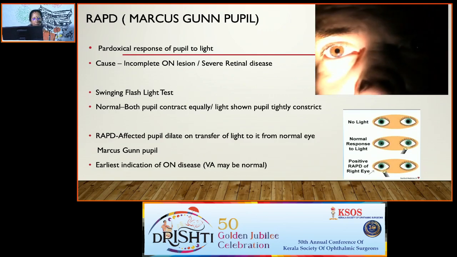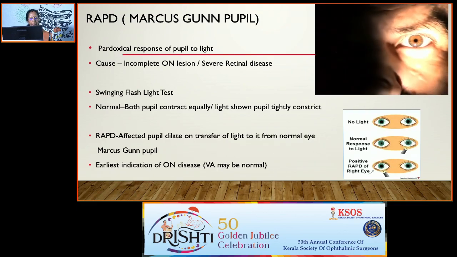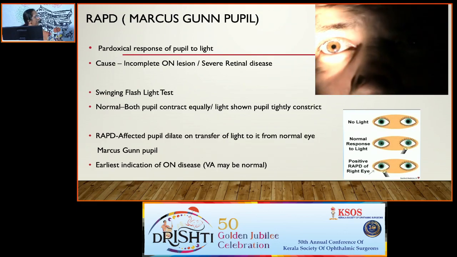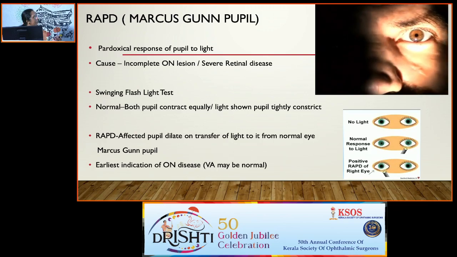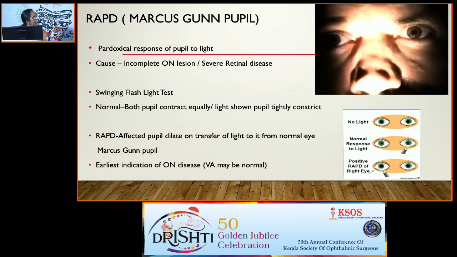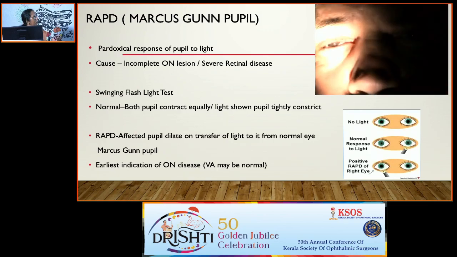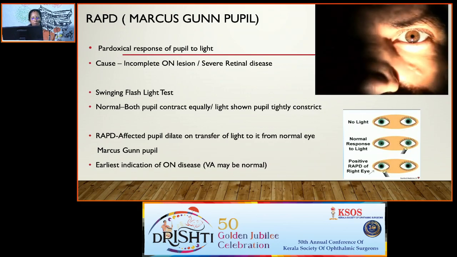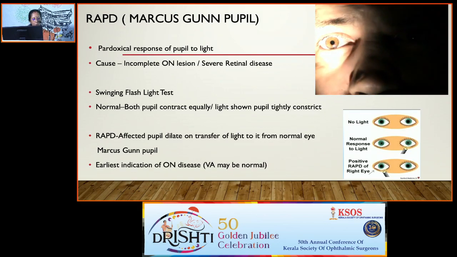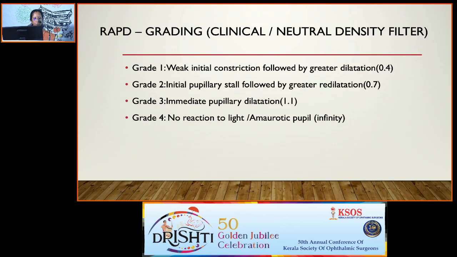When there is an RAPD, the affected pupil will dilate on transfer of light to it from the normal eye. You can see this is normal, and this is dilating when light is transferred to the affected eye. The eye with RAPD is called the Marcus Gunn pupil. It is the earliest indication of optic nerve disease even when the visual acuity is normal.